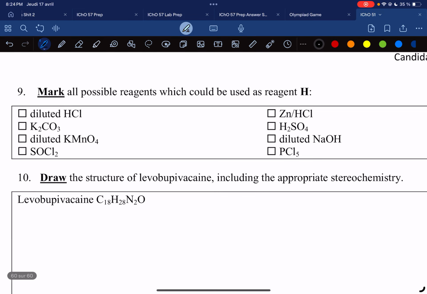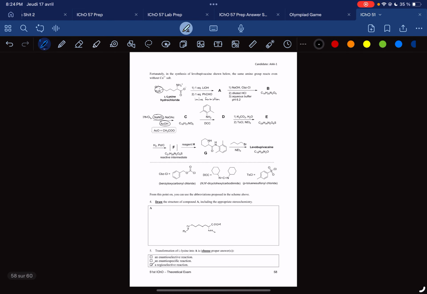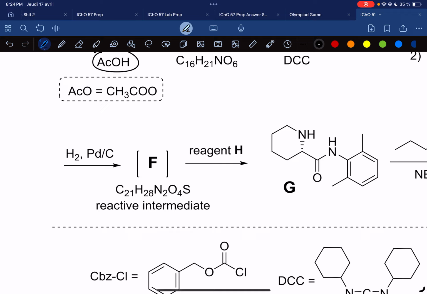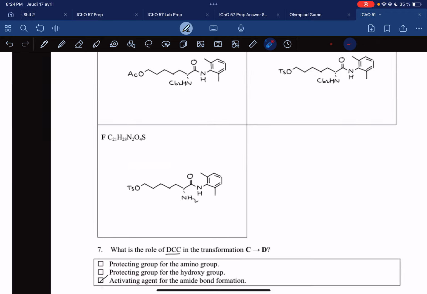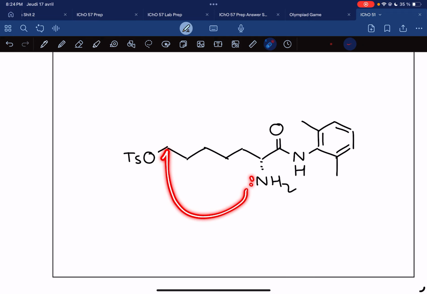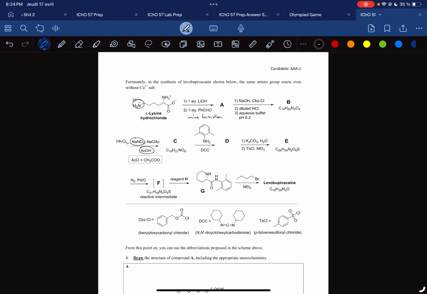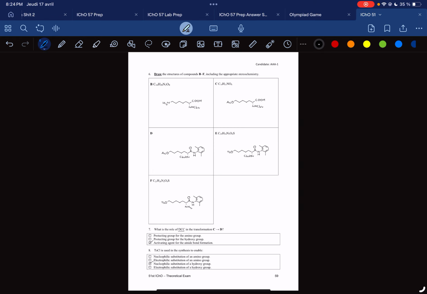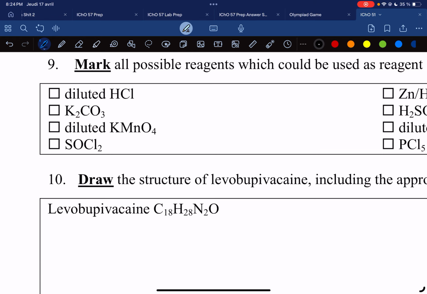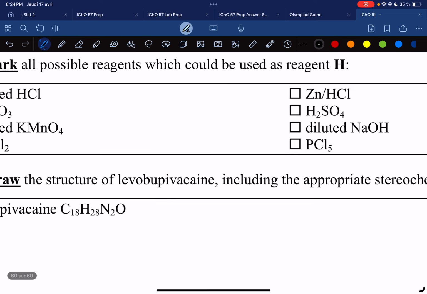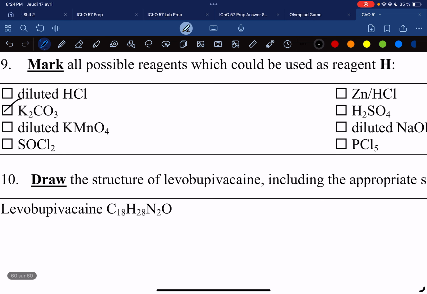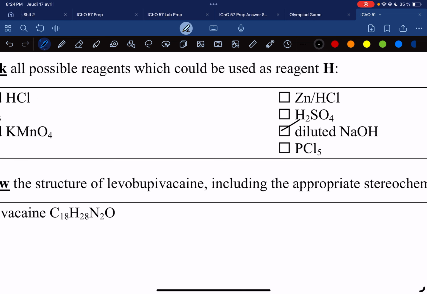Okay. Mark all possible reagents which can be used as H. Let me see what H is. Okay, so H is just a nucleophilic attack of this amine, kicking out the OTs group. So what can we use? We can use a base to promote the attack, right? So we can use potassium carbonate as a base, or we can use sodium hydroxide also.